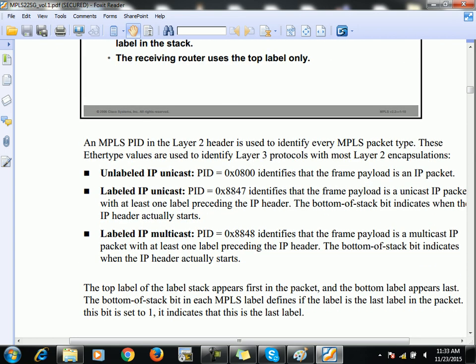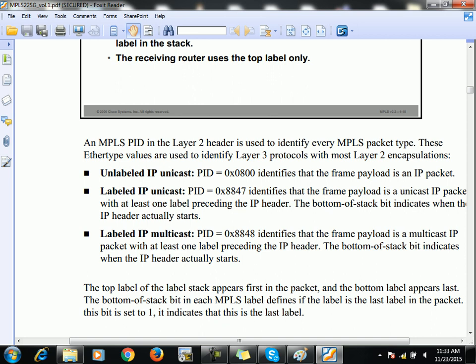Now there are some protocol IDs which are used by layer 2 headers. Do you remember, we had a type field inside the Ethernet header, and that type field was responsible for telling which protocol you have to hand this payload over to, right? For ARP it was different, for IPv4 it was different, for IPv6 it was different. Similarly, if you are using MPLS, then it has to hand it over to MPLS.